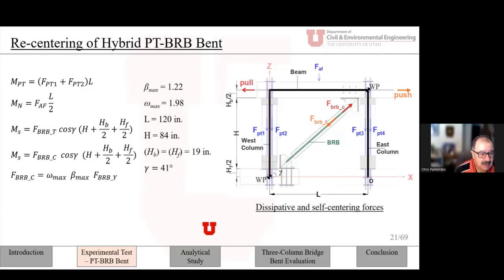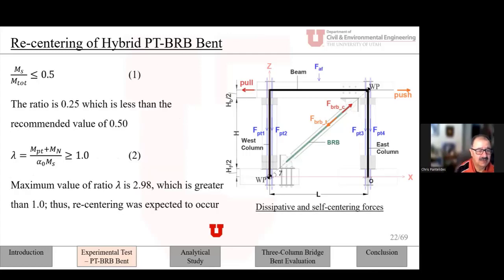And also the ratio of the moment caused by post-tensioning and the axial load divided by the dissipating moment should be more than 1. So how do we define these quantities? For the post-tensioning, if we look over here, we can see that the BRB has a working point which coincides roughly with half the thickness of the cap beam and half the thickness of the footing.